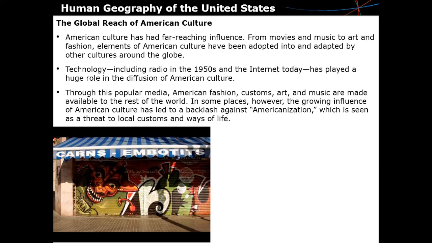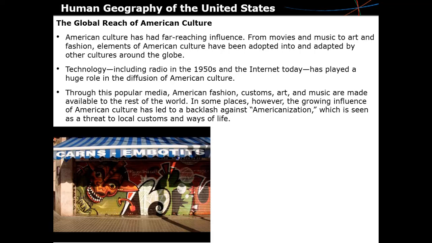And that's definitely happened throughout the world at some point, a backlash towards that Americanization. Because some people do feel like that pop culture, movies, art, fashion, that American culture could potentially take over and be a threat to the local customs and the way of life.